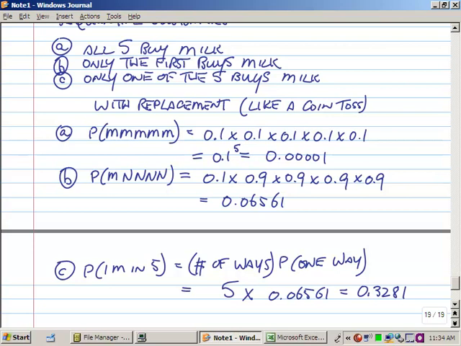Of course, you can't list them all out, but either the first one could be a defect, or the second, or the third, or the fourth, or the 100th. Clearly, there's 100 ways of getting one defect out of 100. Similarly, if you go to 1,000 items, the number of ways of getting one defect out of 1,000, again, is either the first or the second or the third through the thousandth. There are 1,000 ways of getting one defect out of 1,000, right?